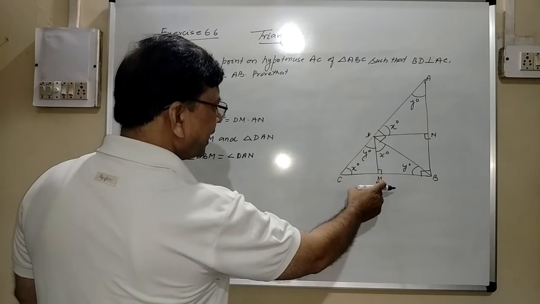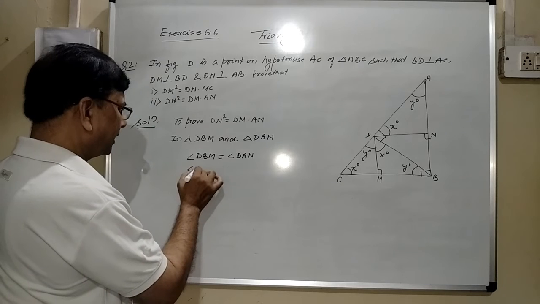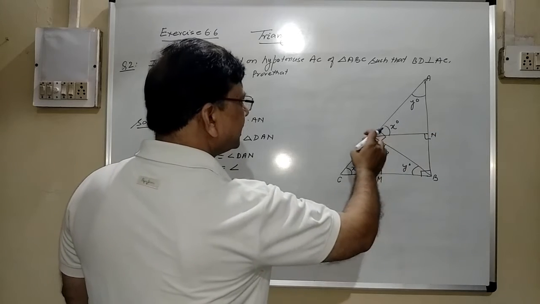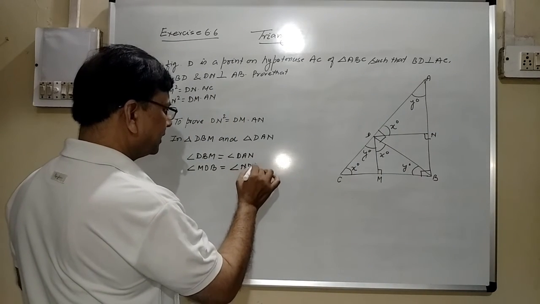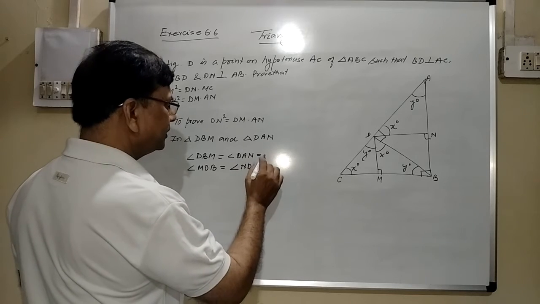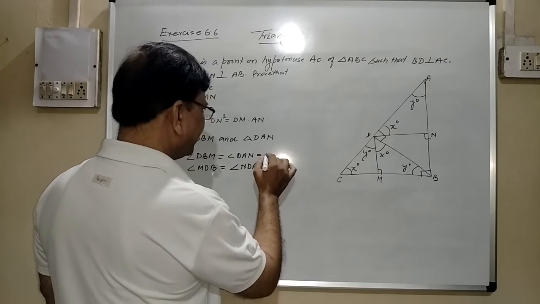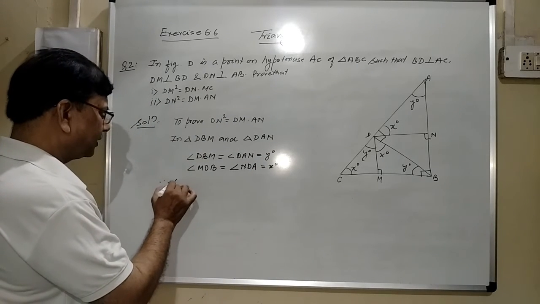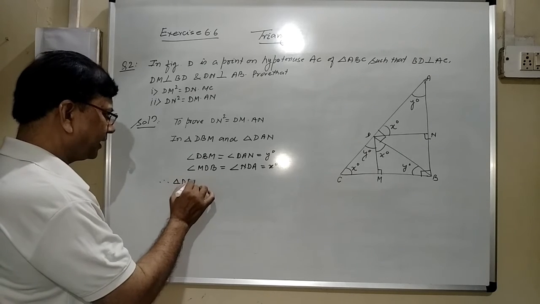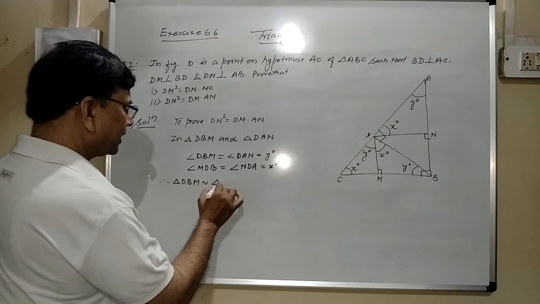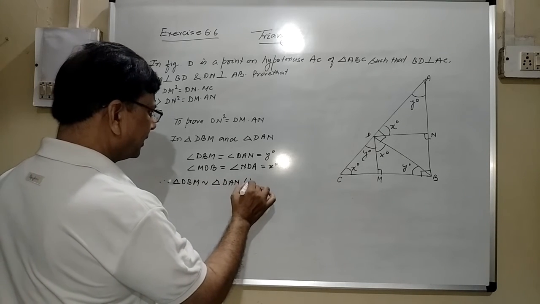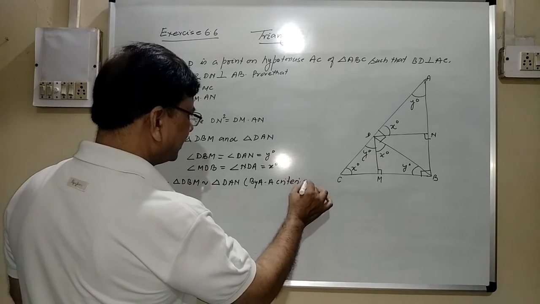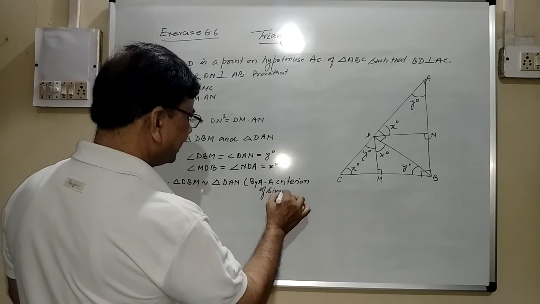And for x, angle MDB is equal to angle NDA. This is equal to DBM, it is y degrees, and that is equal to x degrees. Therefore, triangle DBM is similar to triangle DAN by AA criterion of similarity.